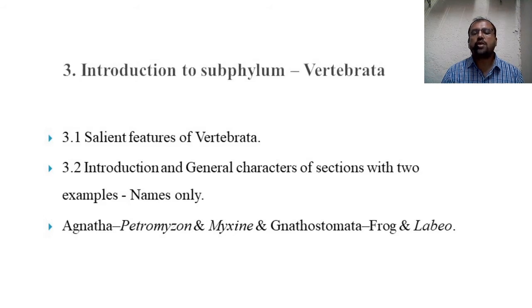Here again only names are expected. And these sections are Agnatha, and the examples are Petromyzon and Myxine. And the second is Gnathostomata, and the examples are frog as well as Labeo.